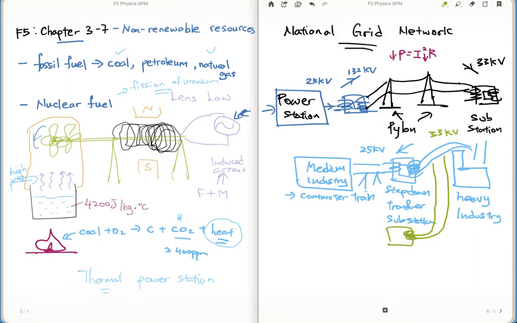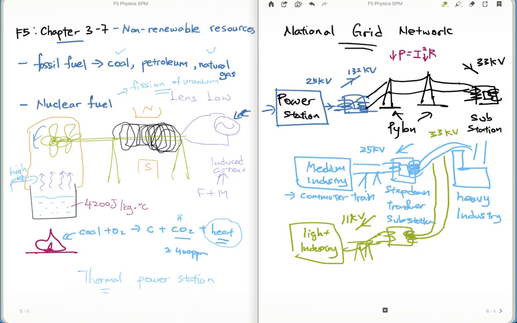You step it down to light industry. This is where your light industry is. Then pylon brings it around to all the industry. And here they step it down even further to only 25, almost half. They call it 11. It is 11 kilowatt.